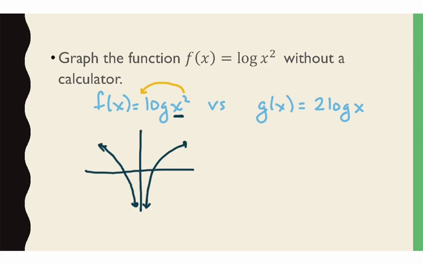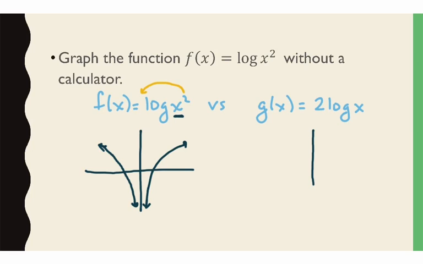But in this problem, if I take a negative x value, which normally isn't even allowed, immediately what happens is I square it and make it positive. So negative values are now okay in this function because I'm squaring them before I take the log. And that's why there is a graph on the negative side of the y-axis, because negative x values are allowed. And the graph ends up looking just like the right side, but a mirror image.